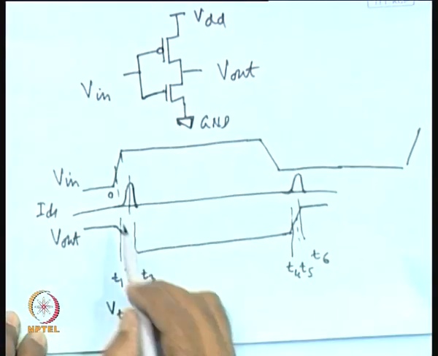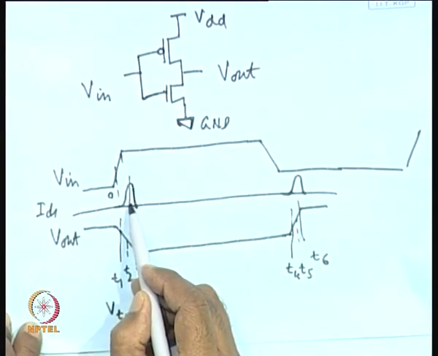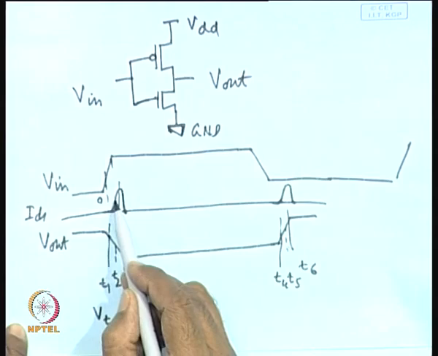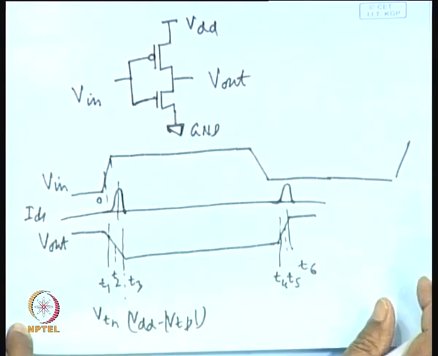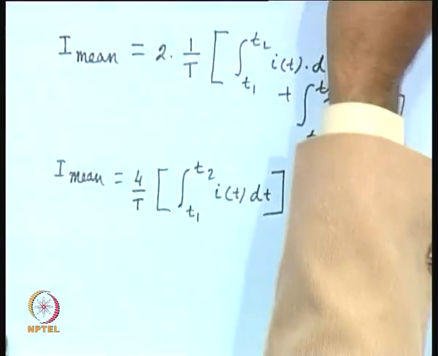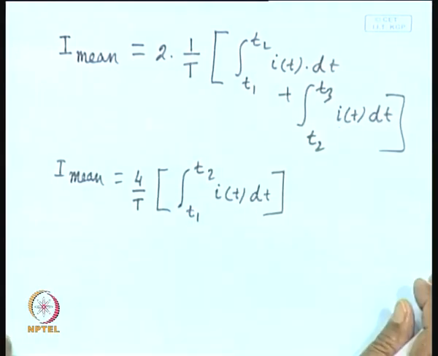For example, in this particular case this is mirror image of the other one, but the current, that area for both the curves will be identical.